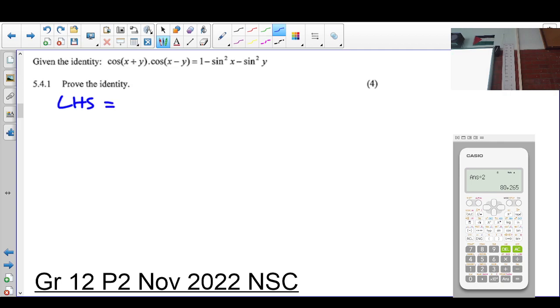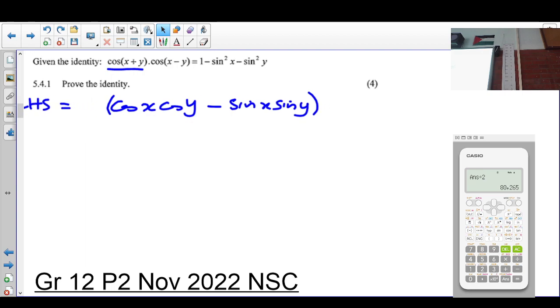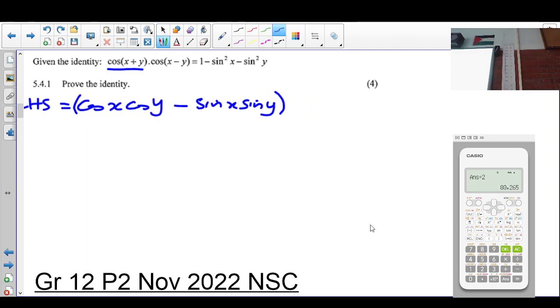So the left hand side of the equal sign, and I'm going to use the cos rule. So cos(alpha plus beta) is going to be cos alpha cos beta minus sine alpha sine beta. Okay, so that's the first one. The second one, the same story. Cos(alpha minus beta) is going to be cos alpha cos beta plus sine alpha sine beta.